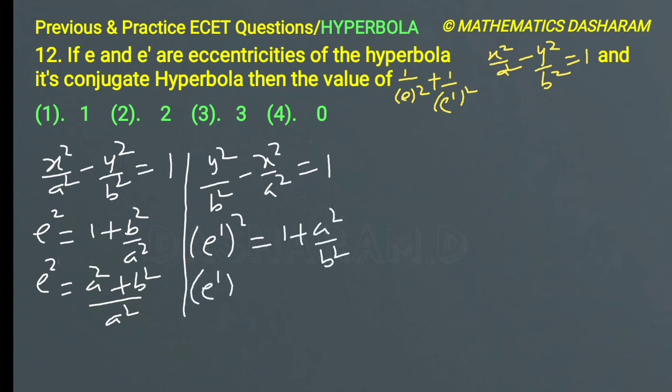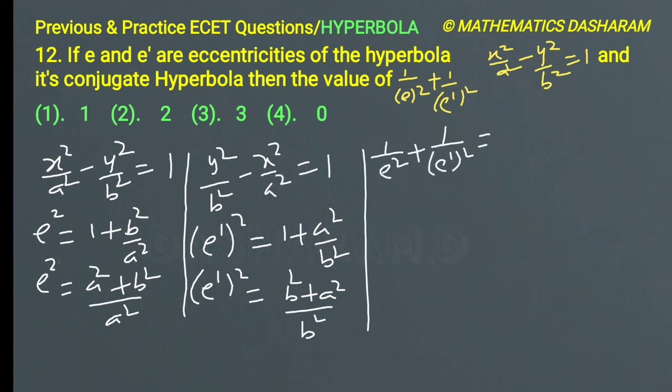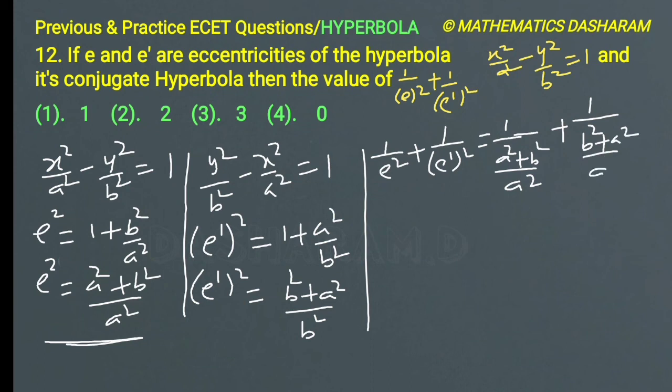So E dash whole square equals b square plus a square divided by b square. So now he is asking what is the value of 1 by E square plus 1 by E dash square. So 1 by E square, here is the E square value, that is a square plus b square divided by a square, plus 1 by E dash square, here is the E dash square, so 1 by b square plus a square divided by b square.